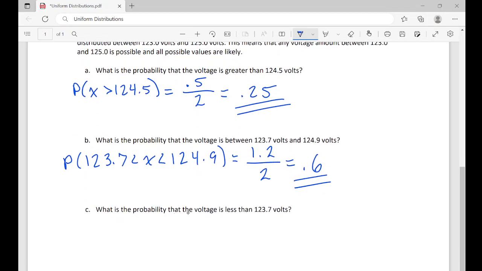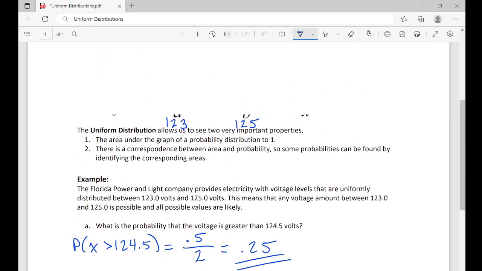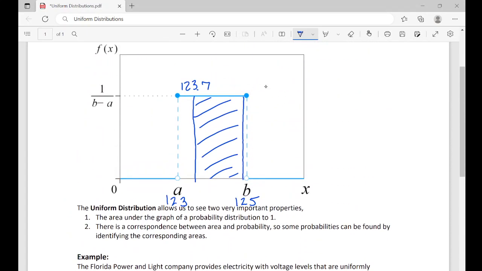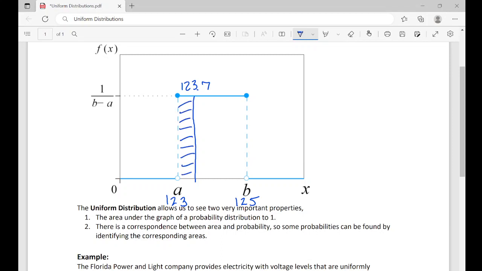Now, what is the probability that the voltage is less than 123.7? So probability X is less than 123.7. Now, go back up here, just look at what our chart would look like. And we already have the 123.7 set up for us. Just need to change where the area is being shaded. It's going to be this little sliver over here.